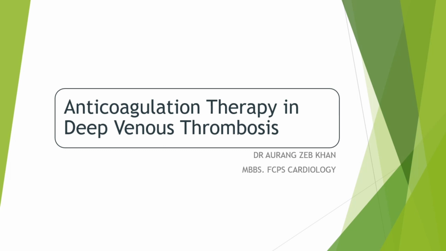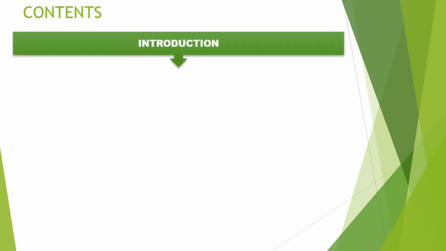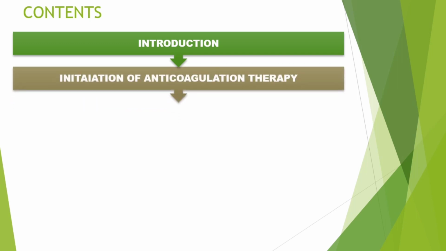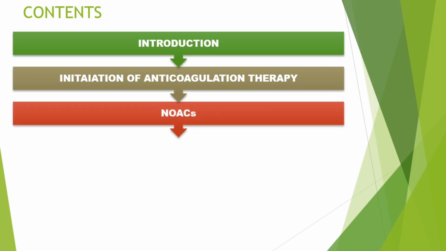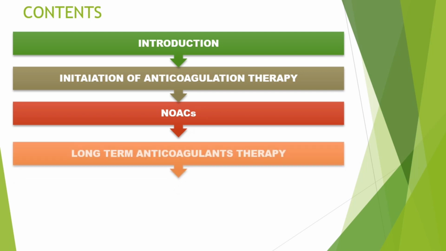So let's proceed. The outline for today's presentation is what is anticoagulation therapy for patients with DVT, initiation of anticoagulation therapy, what is the guidelines recommendation, what are NOACs, and how they differ from vitamin K antagonists, what are their benefits and what are their different types, along with brief literature review.